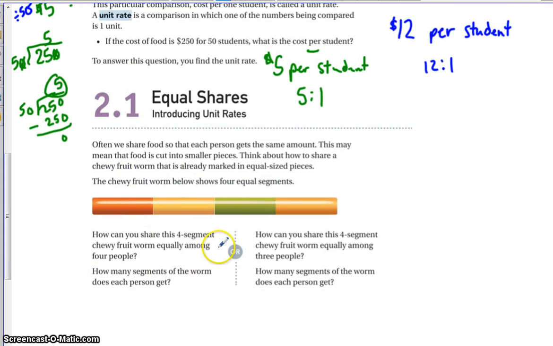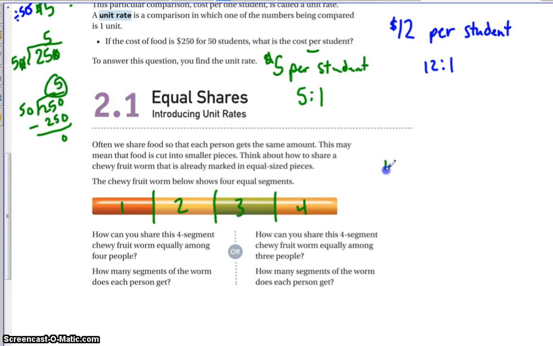Okay, so we've got this chewy fruit worm, also known as a gummy worm, that has 4 different colored segments, or 4 different fruity sized pieces, and each segment is equal in length. So we're going to share this 4-segment worm amongst 4 people. So the easiest way to do this would be to simply give each person their own segment. Okay, so person 1 would get this, person 2, 3, and 4.